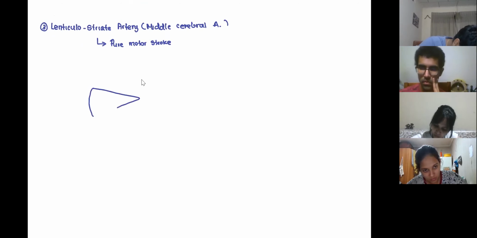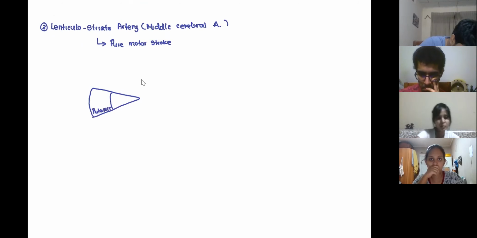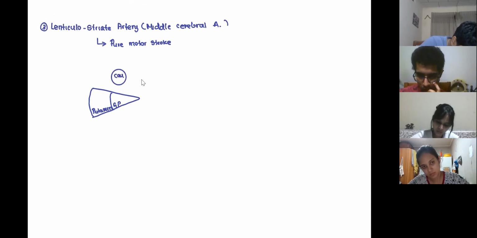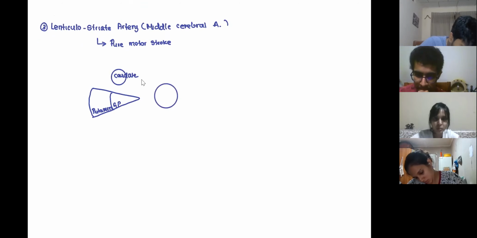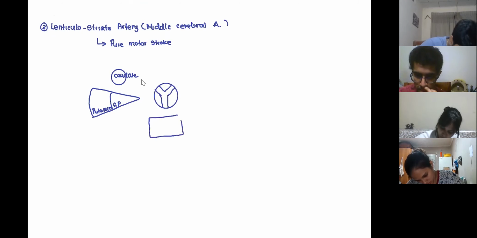A summarized version of the basal ganglia: putamen and globus pallidus. And over here, I'll draw the caudate nucleus. The internal capsule is not a part of it, so I will leave that out. Draw the thalamus. This is the subthalamus.